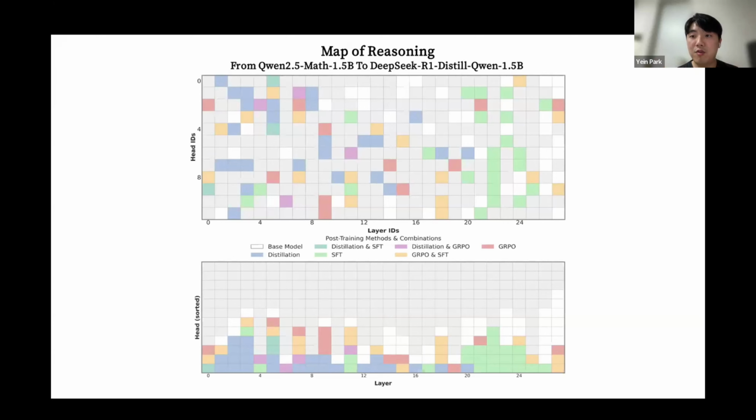And we just differentiate all the nodes of each circuit and then find out what are the specific nodes only shown in each different checkpoint or each different post-trained circuit. And that is how we map these GRPO heads, which are distinguishable, which are not shown in every other circuit of this method.